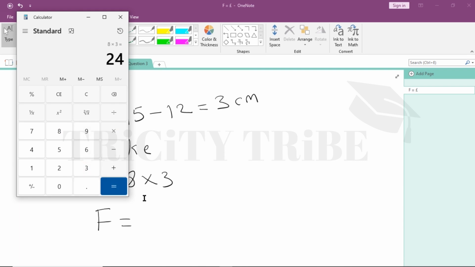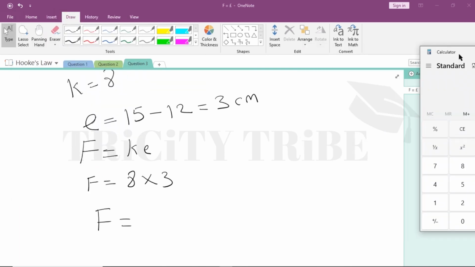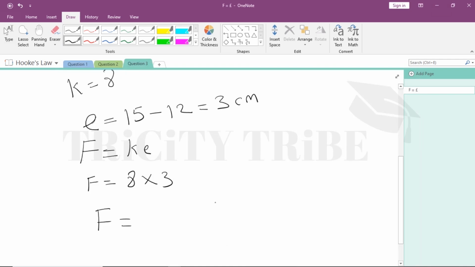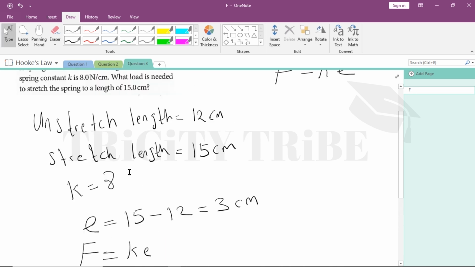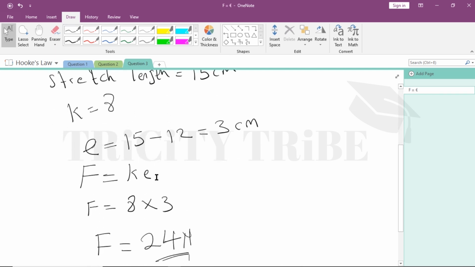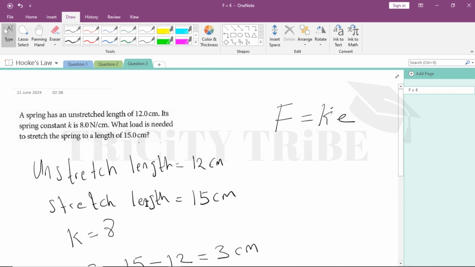Right, that is 24, right? Okay, now what is the unit of force? Newton. So the answer to this question is 24. Can you see? So you will need a what? A force of 24 Newton to stretch this spring from 12 centimeter to 15 centimeter.